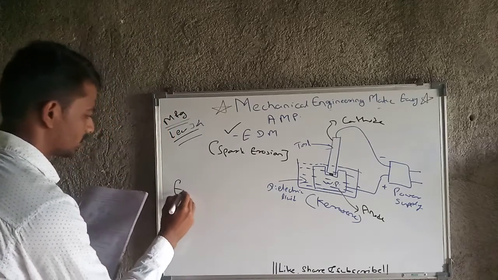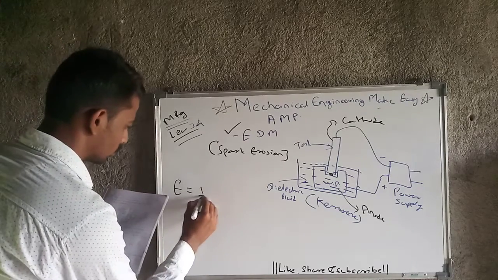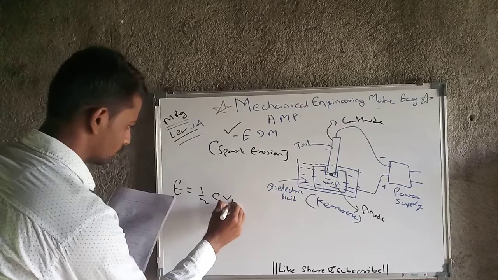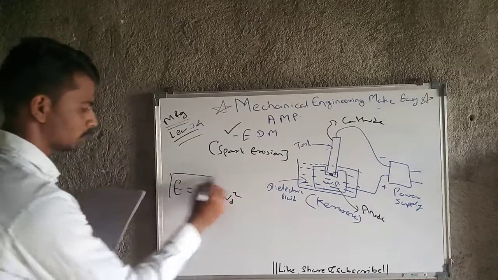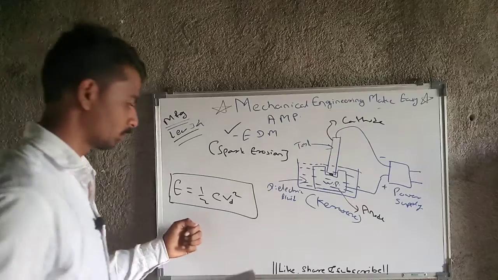Energy release per spark, which is denoted by E, and which is equal to half into C into Vd square. This formula is too much important. I will say definitely the question will come from this formula.